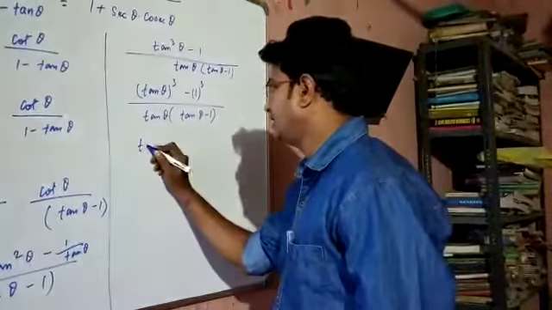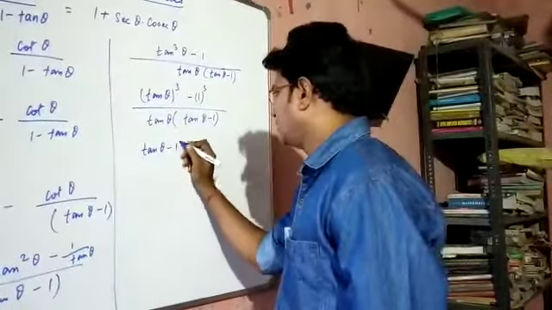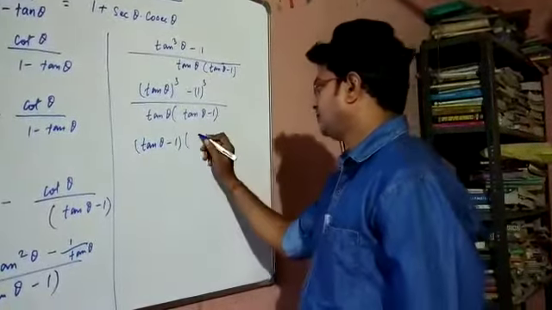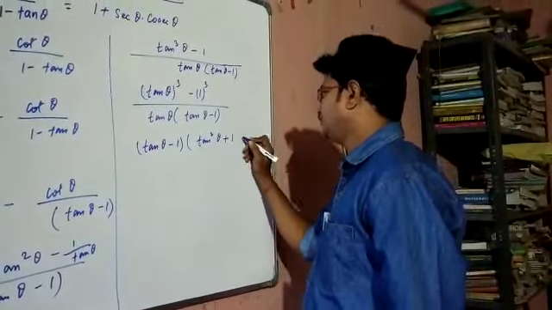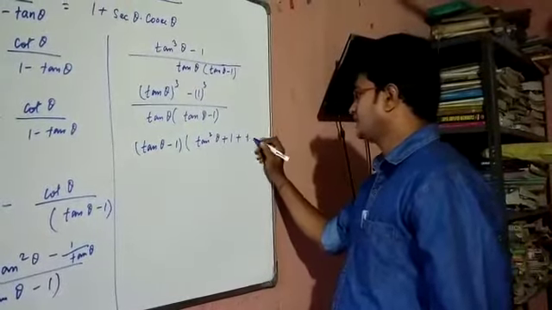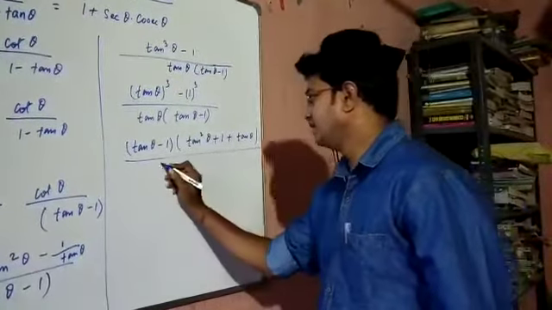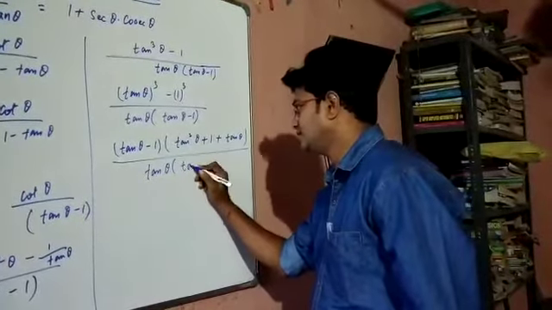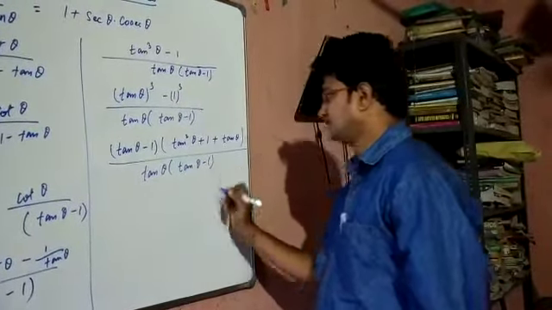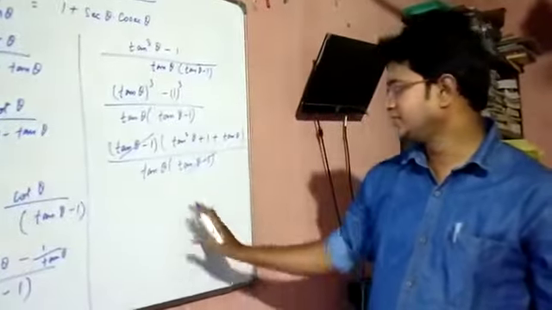So we will write (a minus b), it is a square plus b square plus ab. In the denominator you are getting tan theta, and here tan theta minus 1. See, tan theta minus 1 gets reduced.